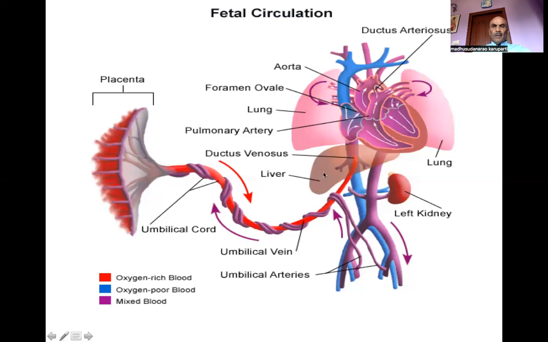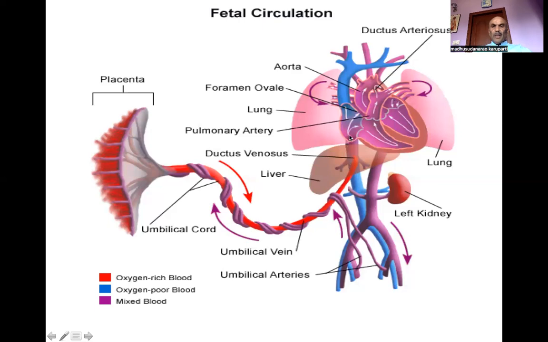So this is the fetal circulation that is represented in this particular diagram. These are the important structures in the fetal circulation, in order to take the oxygenated blood from the placenta.